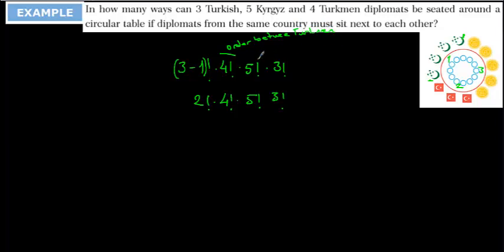It's going to be 5 factorial order between the Kyrgyz group.